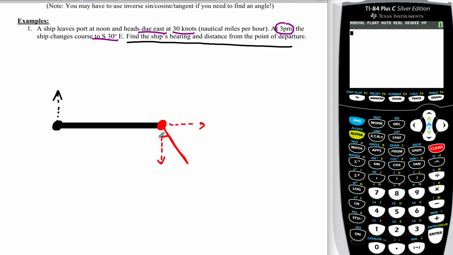You start to the south, you turn 30 degrees to the east, okay? And so we're going to continue along that bearing. And now we're going to continue along.